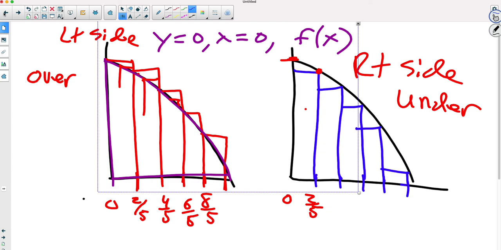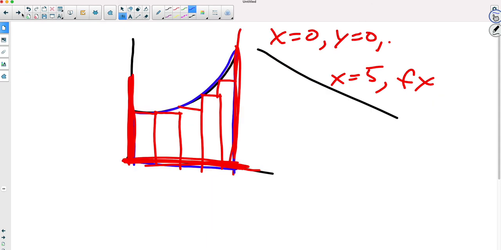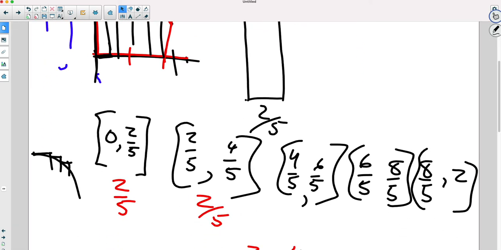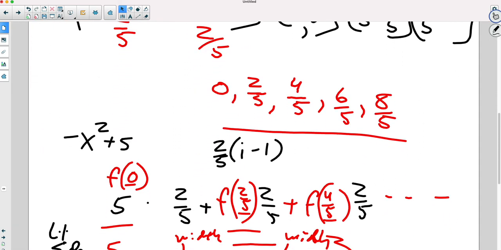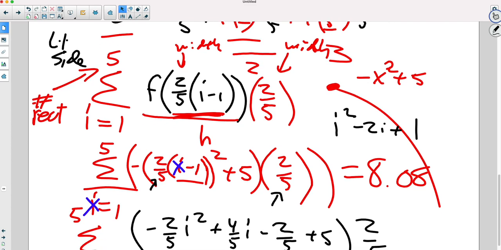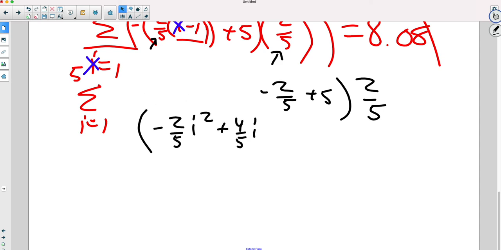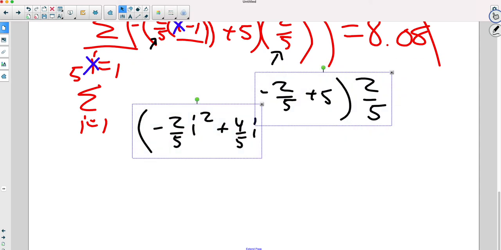So if you put this in correctly, you should get 8.08. What did we expect here? Is this going to be an overestimate or an underestimate? Over. This should be an overestimate. Was everyone able to get 8.08? Do I need to show how to put this in the calculator? Anyone?